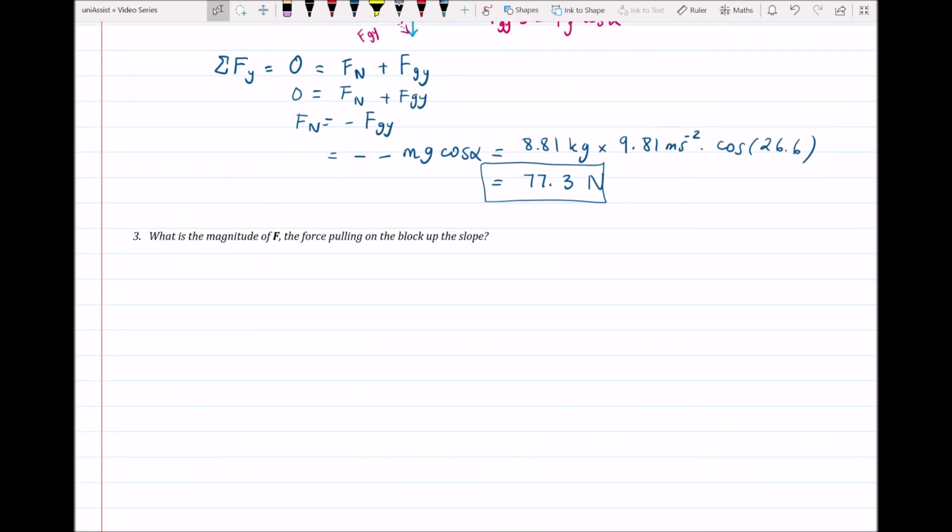So once again, going back to the main question, it's saying that our block is moving at a constant velocity, which, like I said before, means that our total force is 0. Because if we had a net force, our block would be accelerating, and the question would specify that, but it's saying it's moving at a constant velocity.